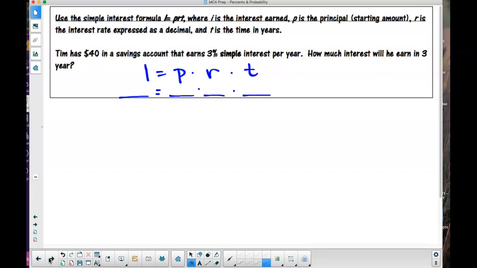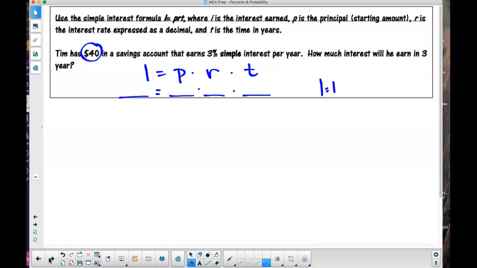So Tim has $40 in a savings account that earns 3% simple interest per year. How much interest will he earn in 3 years? Okay, let's start with the first number, this 40. Is that the I, the P, the R, or the T? What do you think? Izzy? The R. It's not the R. So, a couple reminders.